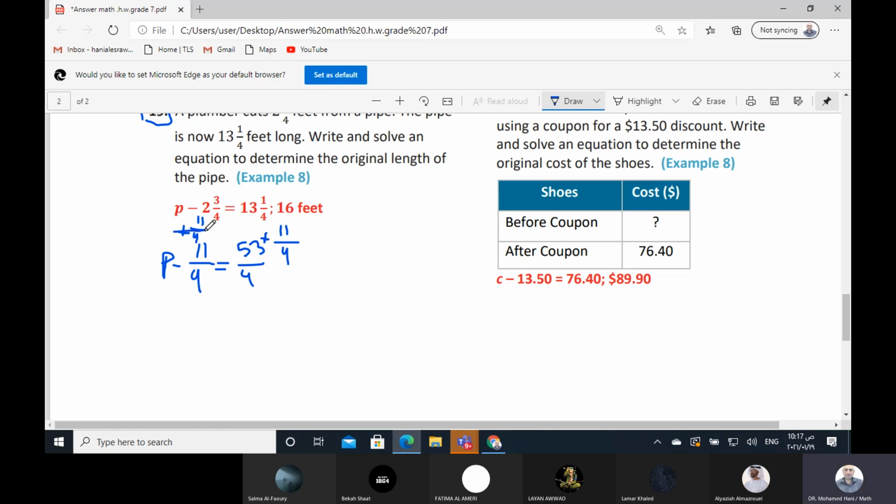So 11 over 4 minus 11 over 4 is 0, remains here p, equal 53 over 4 plus 11 over 4. Here 4, so write here 4. Now 53 plus 11 will be 64.